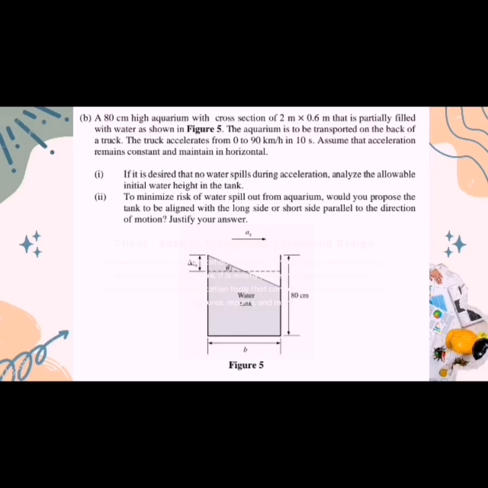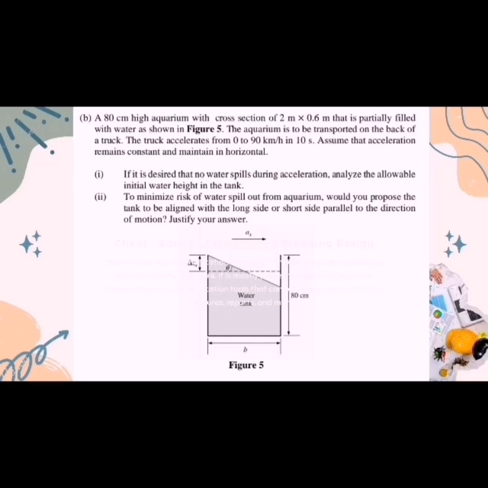The third slide is about question 2b. An 80 cm high aquarium with a cross section of 2 meter times 0.6 meter is partially filled with water as shown in figure 5. The aquarium is to be transported on the back of a truck. The truck accelerates from 0 to 90 km per hour in 10 seconds. Assume that the acceleration remains constant and is maintained in the horizontal.